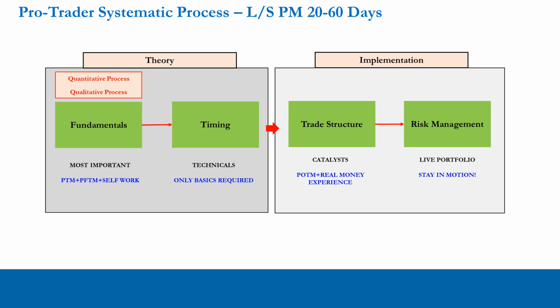Now, what's the percentage split in terms of information and effort that we put in when we end up with a position? What drives it the most? Fundamentals or timing? Absolutely fundamentals. This is 80 to 90% of everything we do in the trade idea generation process, okay?